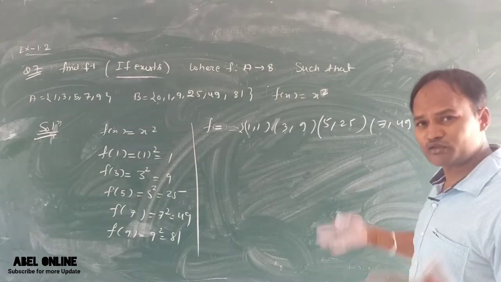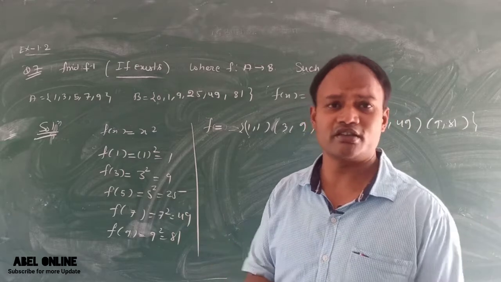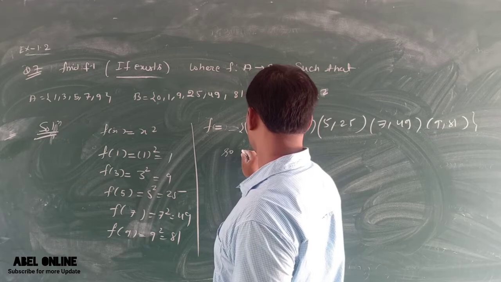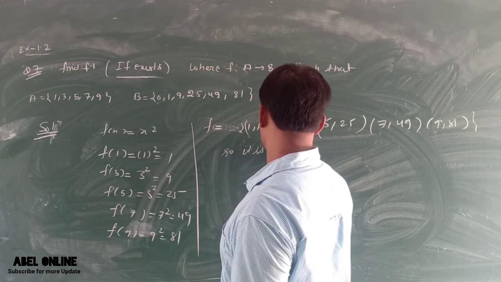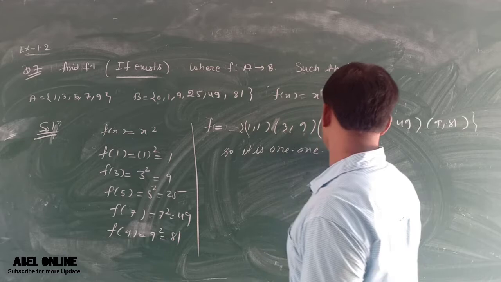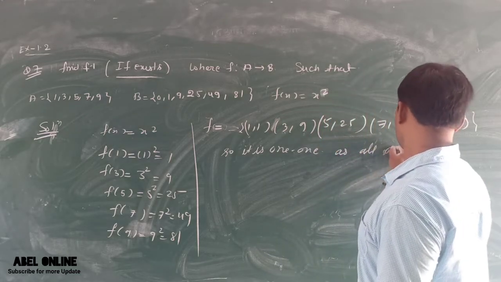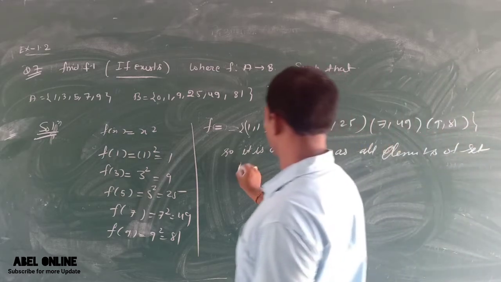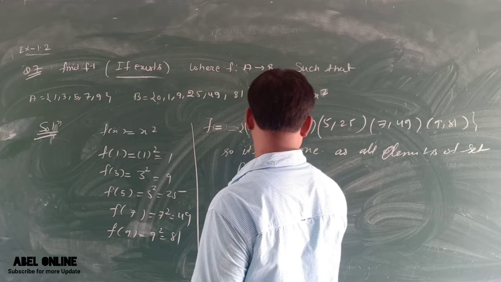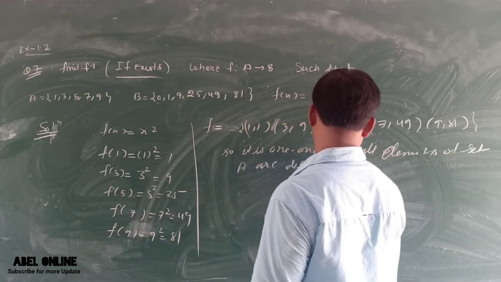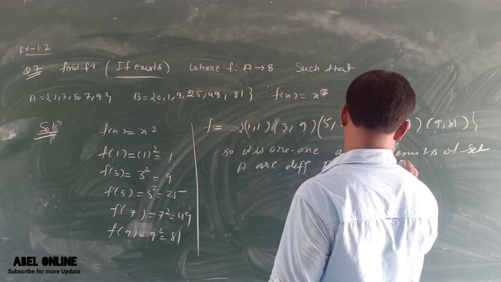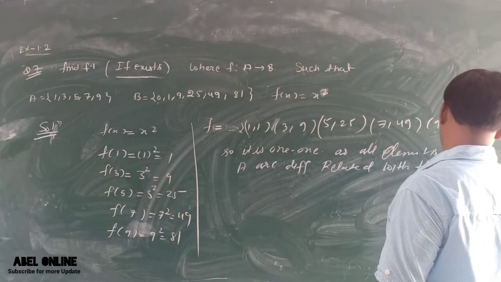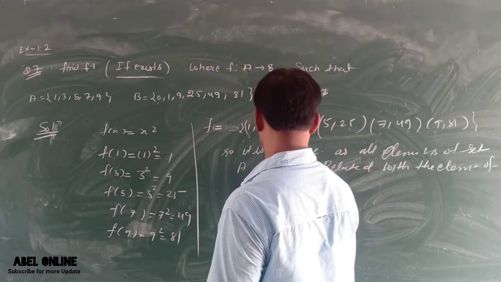Means all the elements of set A are uniquely related with the elements of set B separately. So we can say that it is one-one.